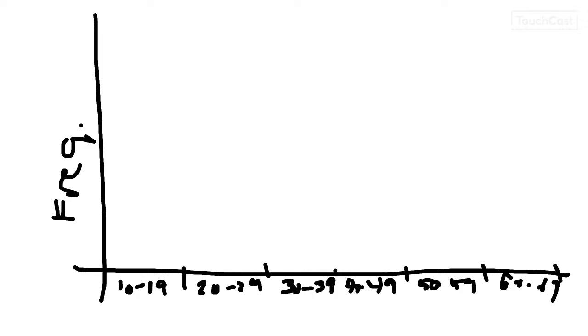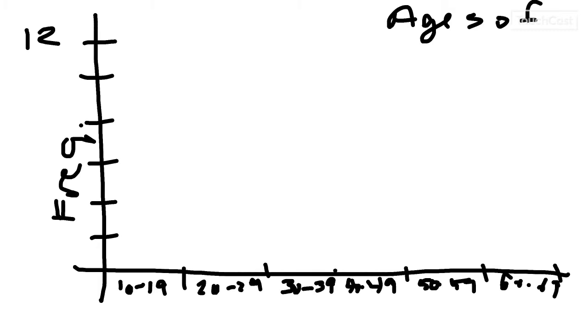I'm going to label my vertical axis from as few as 0 to as many as 12, so I might go 2, 4, 6, 8, 10, 12. And this is ages of people at the gym, which might be a title for my graph.